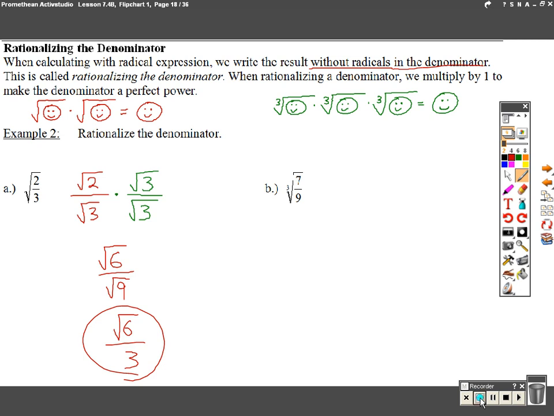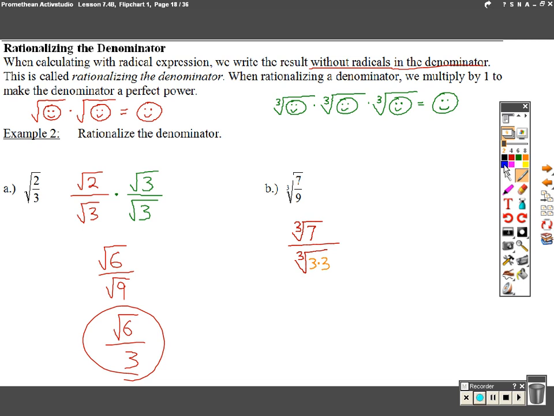So for letter B, when I break this up as the cube root of 7 over the cube root of 9, I need to create a perfect cube down here. Now you need to look at 9 as 3 times 3. Factor it if you can. So I factored 9 into 3 times 3, so I can see I'm very close to creating a perfect cube down here.